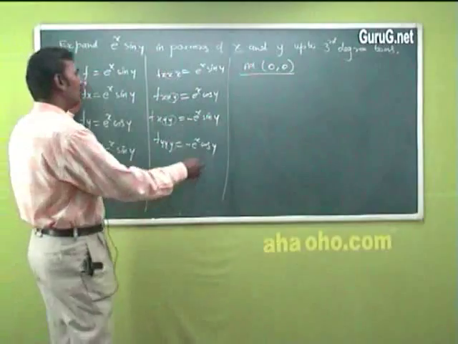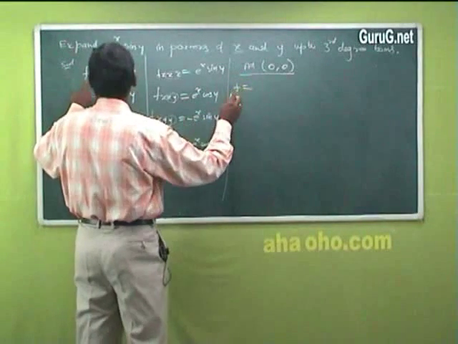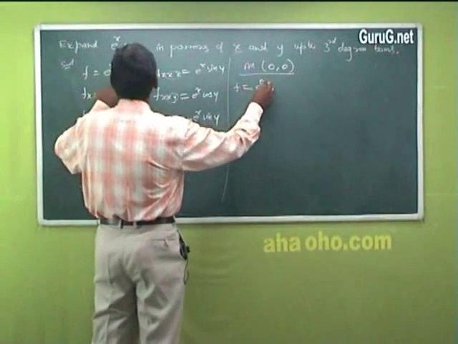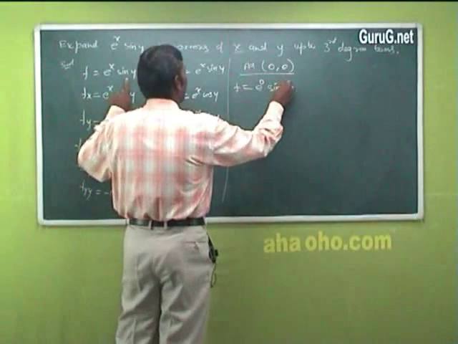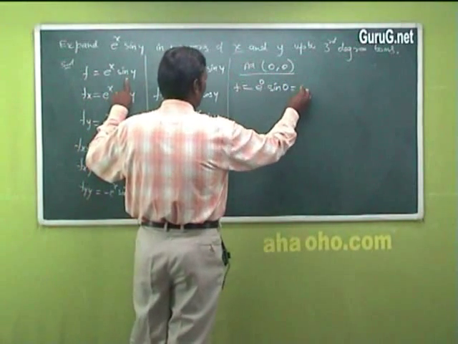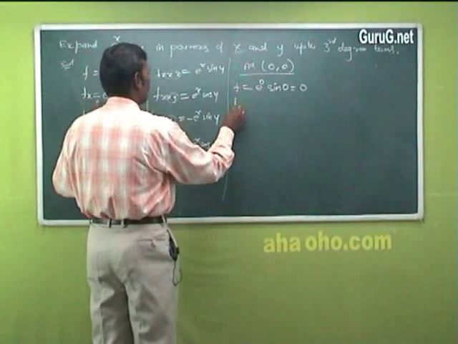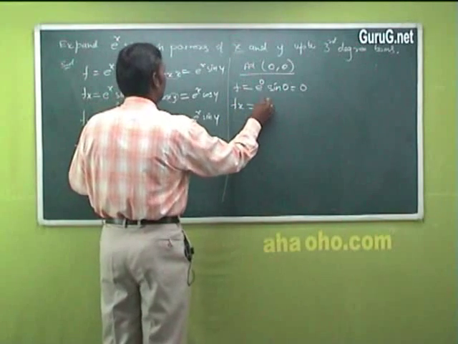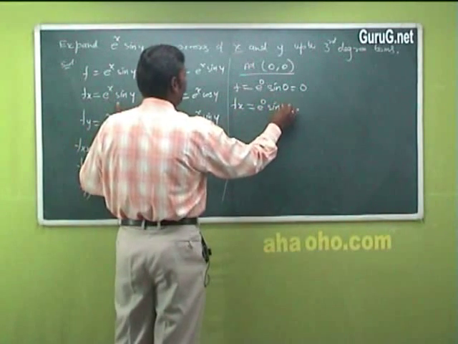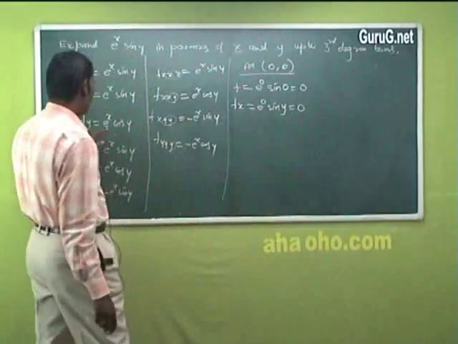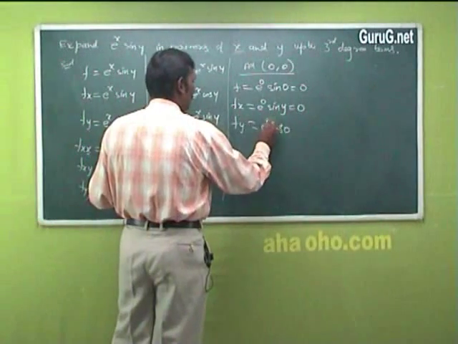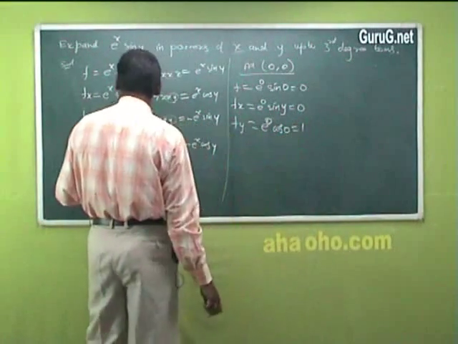So f equals e power 0 sin 0. e power 0 is 1, sin 0 is 0, so 0. Next fx: e power 0 sin 0, again 0. Next fy: e power 0 cos 0, so 1.